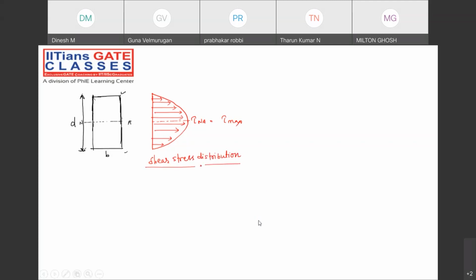Shear stress distribution, right? If I take any beam made up of rectangular cross section, this particular beam will be subjected to bending moment as well as shear force. Both will be applied. And the diagram of bending stress distribution will be like this. At the neutral axis, it is going to be 0, and at the extreme fiber, it is going to be maximum.